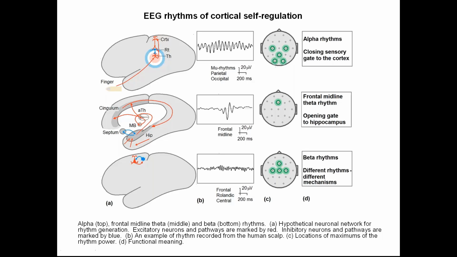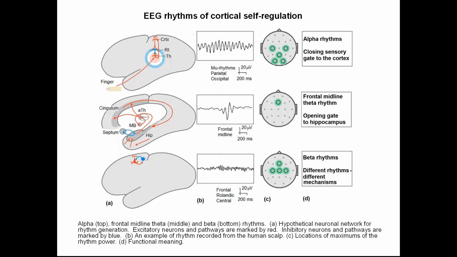Well, anyway, this is what neuroscience, and remember, psychiatry is becoming a branch of clinical neuroscience, can tell us about the neuronal mechanisms of generation of EEG rhythms. And I have to tell you that the rhythms, as you can see from this network, reflect cortical mechanisms of cortical self-regulation.